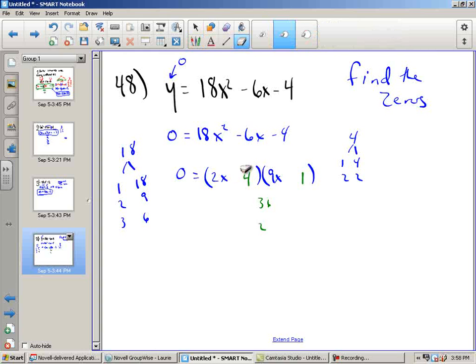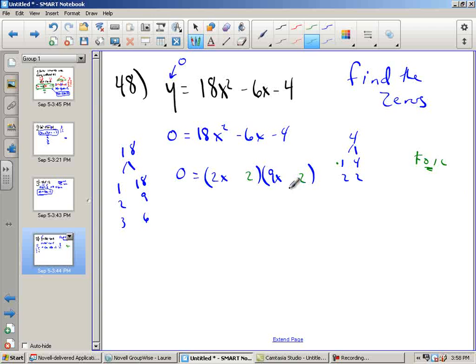There's no way that's going to work. And again, if you're unsure of where I'm getting the two numbers from, it's from the multiplication of the inner and outer from FOIL. You know, middle, it's these two that I'm doing. So 1 and 4 did not work with 2 and 9. It might work with a different combination.